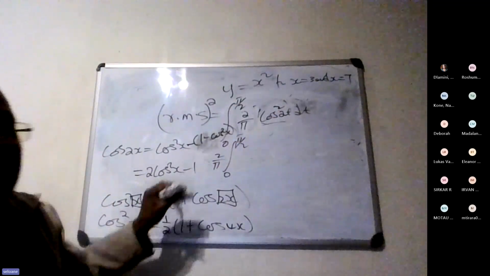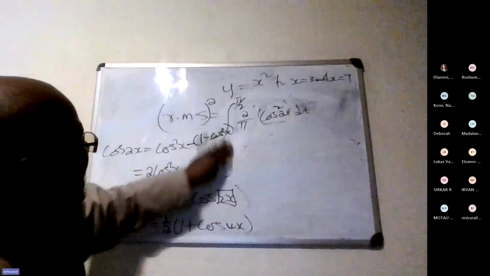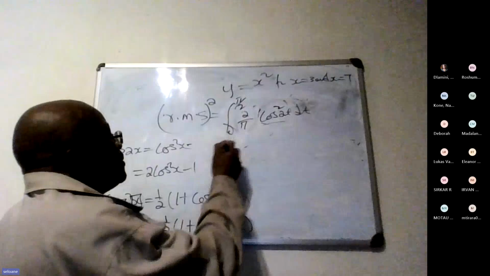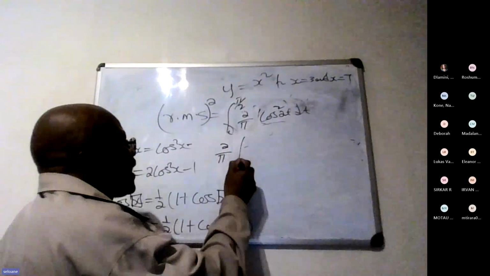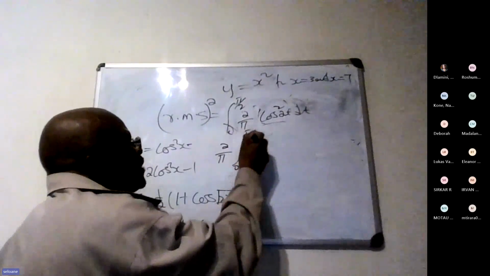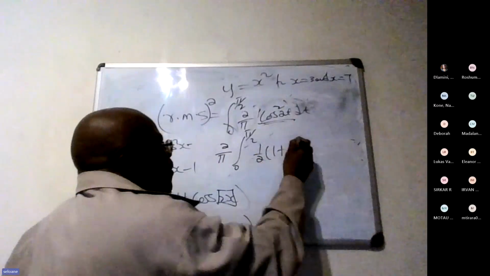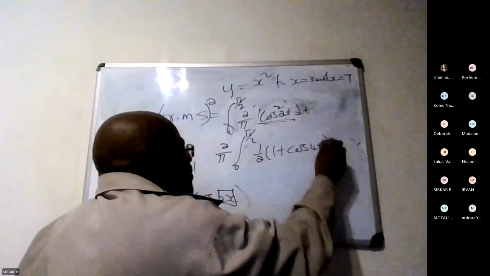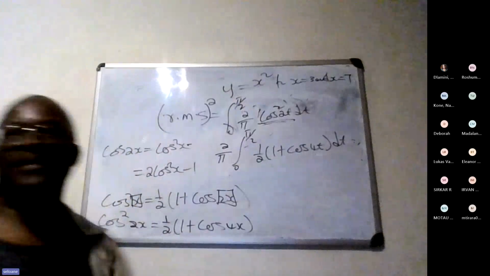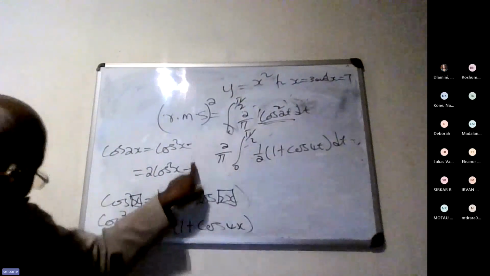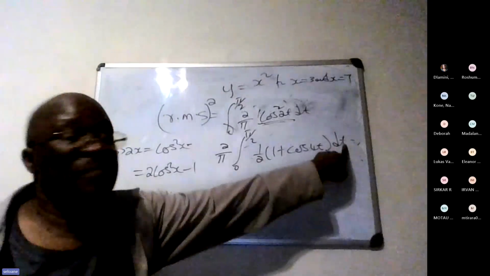Hopefully, this makes sense. Therefore, if we're still together, take the 2 over pi out because it's a constant, then the integral from 0 up to pi over 2. Instead of this, we are now going to write this. You take the half outside as well because it's a constant; it doesn't depend on t.